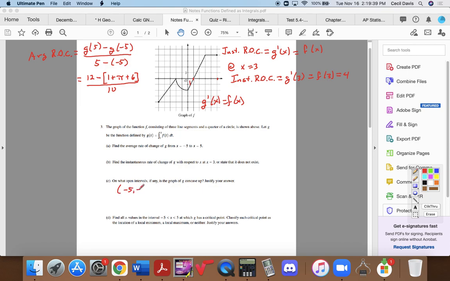From -5 to -2, and 0 to 3. Justify your answers on these intervals. And I always just say it every time I use it, although sometimes you can get away without saying it again because you've said it in part B. G prime of x, which is equal to f of x, is increasing. How did they word it? Oh, pretty much exactly like that.